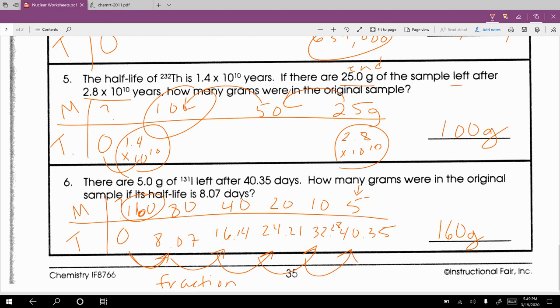Just like doing 100 divided by 2, divided by 2, we can do the same thing with fractions. The clue is at time 0, you're starting with a whole. Then a whole becomes a half, a half becomes a fourth, a fourth becomes an eighth, an eighth becomes 1 over 16, then 1 over 32, and 1 over 64, and we could go on.